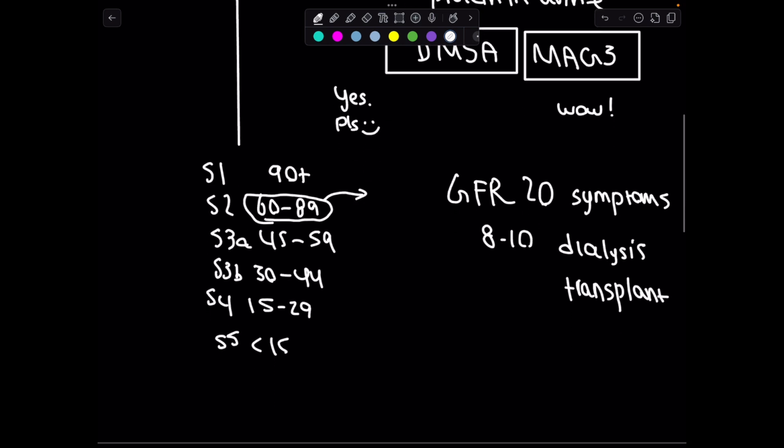Let's get to your question about why specific GFR ranges correlate with certain symptoms and signs in kidney disease. The GFR numbers, like 90, 60, 30, or 15, aren't just arbitrary. They reflect how much kidney function is left and how that impacts the body's ability to filter waste, balance fluids, and regulate electrolytes. Here's the deal.